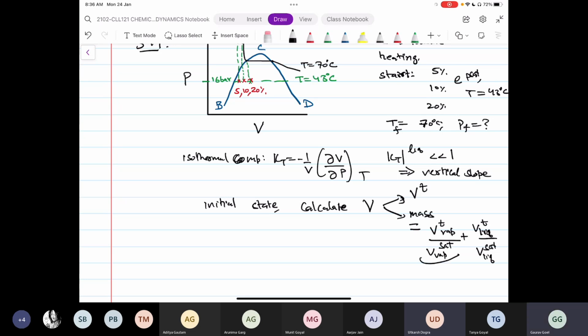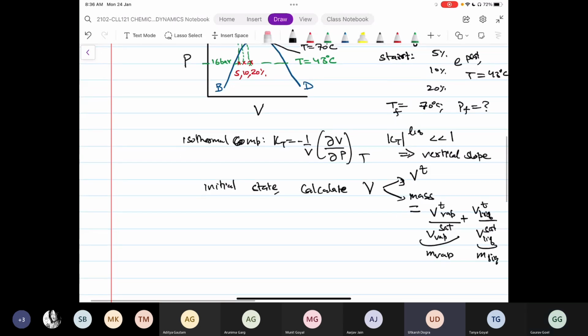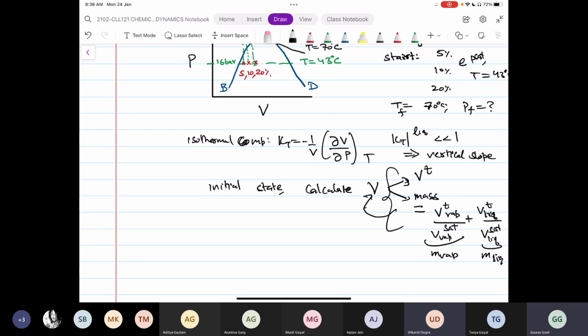Okay, so the first term is mass of vapor in the vessel. Second term is mass of liquid in the vessel. And from this, you can calculate specific volume.